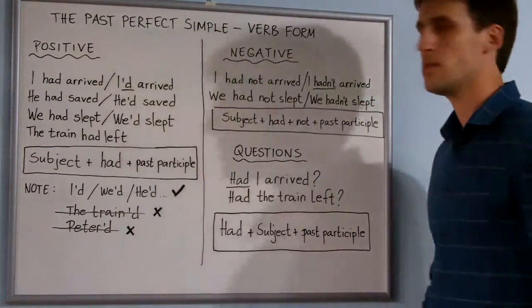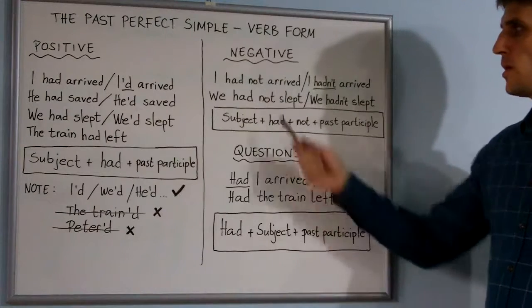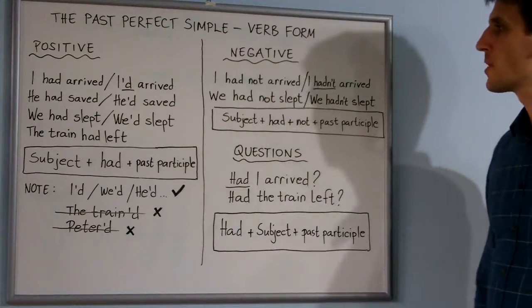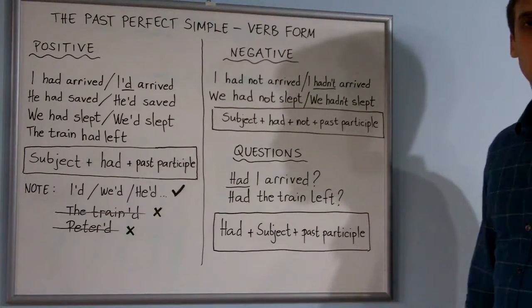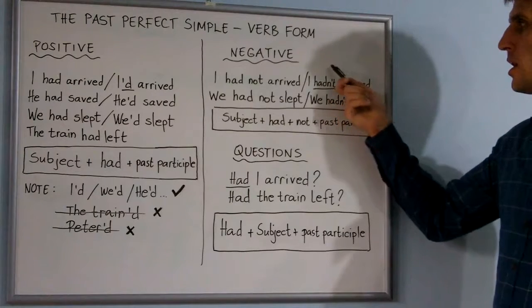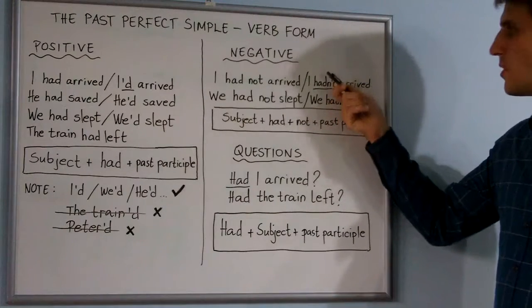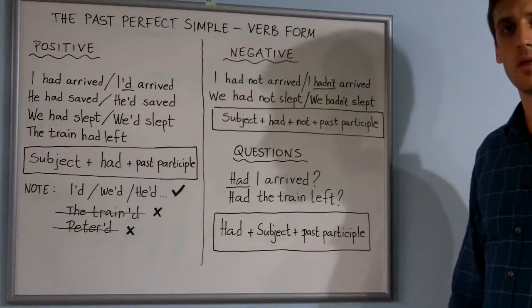To make negative sentences, we add the word not here. So we have examples: I had not arrived or I hadn't arrived. Hadn't is again the contracted form of had not, and it's usually used in spoken language.